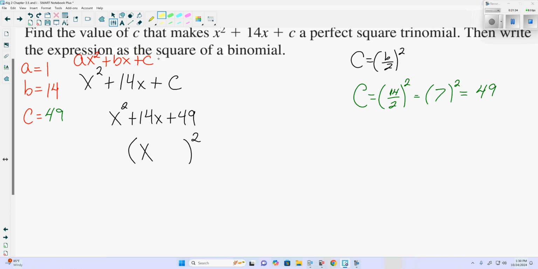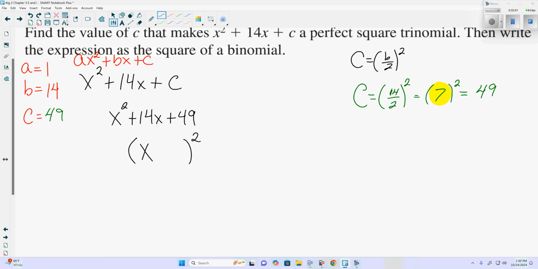And this part, I think, is kind of neat. The number and sign that go inside our parentheses when we factor is the same number and sign of our value of c before we square it. So here, the number inside the parentheses before we squared it to find c was 7, but not just 7, it was positive 7.